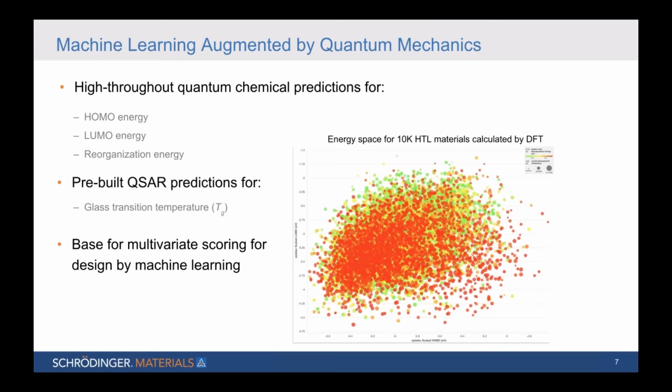Besides color, we can also add an additional dimension, such as the size of the data point, to correspond to another property. And in this case, what we're showing here, we're using the Tg value for the size.